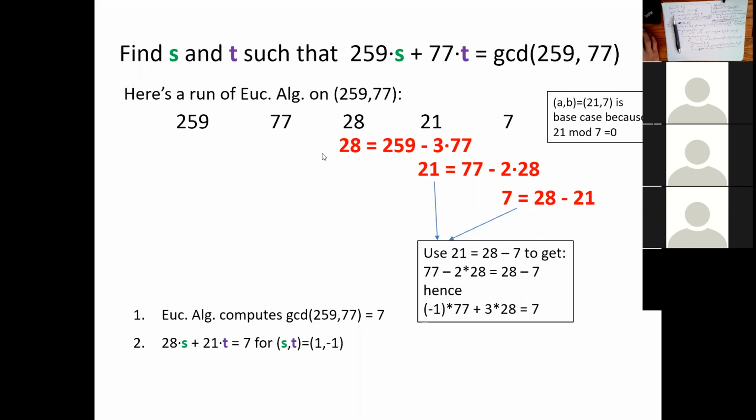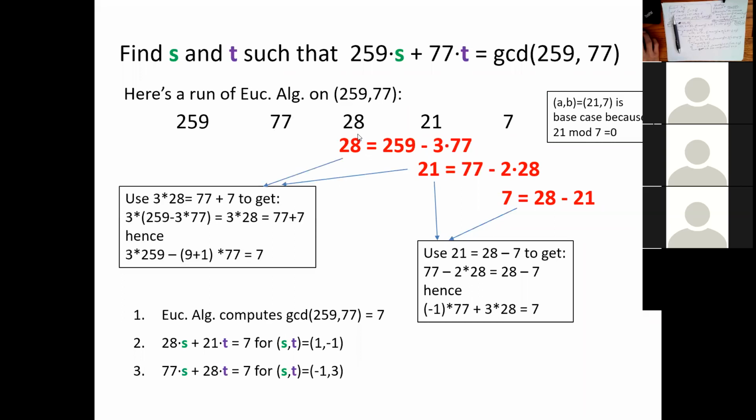And then I recurse. Now I express the GCD as a linear function with some coefficients of the higher level A and B, and these coefficients turn out to be -1 and +3. Now I recurse: I use the same procedure to express this GCD as a linear function of these two.